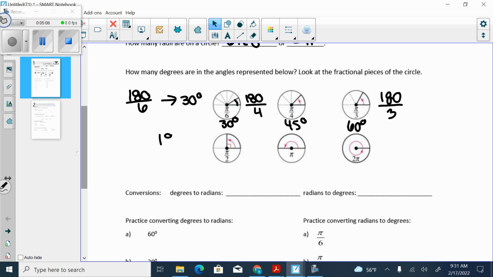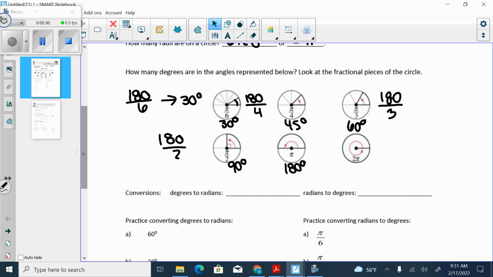Okay, so I have 180 being split into 2, which tells us it must be right. Okay, on the next figure, how many pieces do they split the top into? Just one piece, right? So 180 divided by 1, or just 180.